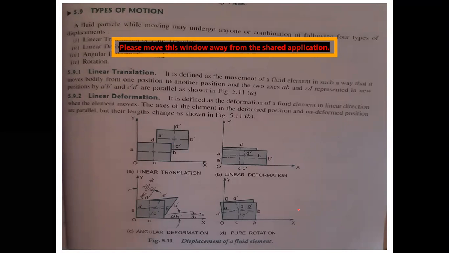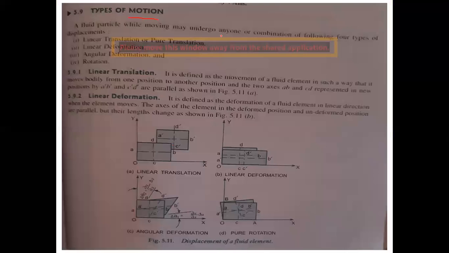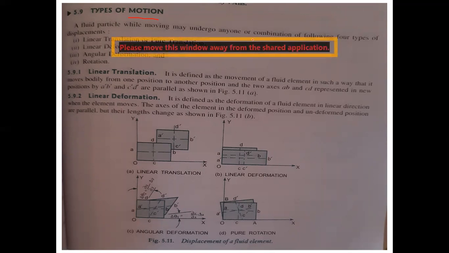Now the next topic and last topic in unit 2 is the types of motion. A fluid particle while moving may undergo any one or a combination of the following four types of displacement.